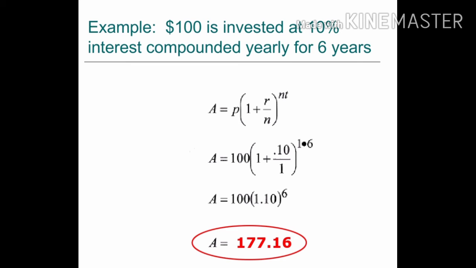So A equals 100 times 1.10 to the power of 6. Our total amount is 177.16 from the $100 invested, compounded yearly for 6 years at a 10% interest rate.